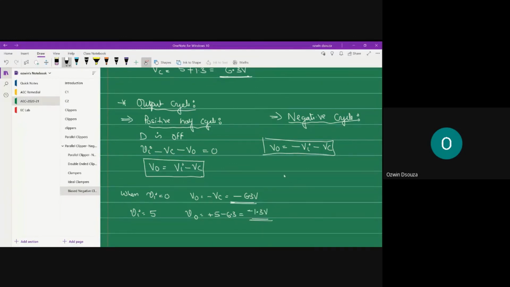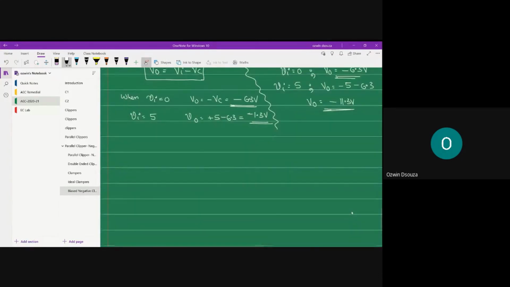Similarly, in the negative half cycle, when your input is 0, output is minus 6.3, and when the input changes its direction and becomes 5 volts in the negative direction, your output becomes minus 5 minus 6.3, or V naught is equal to minus 11.3. Okay, so that's your output.